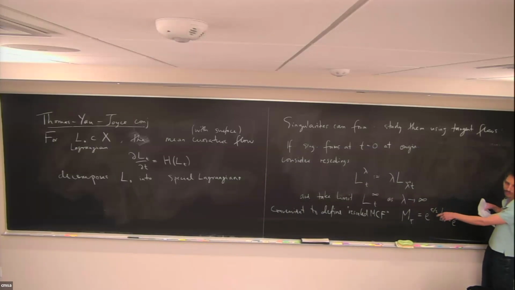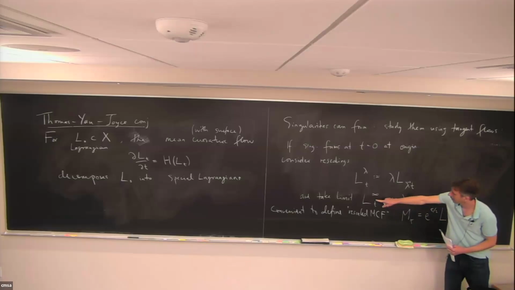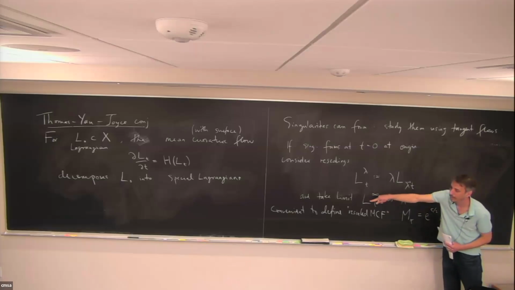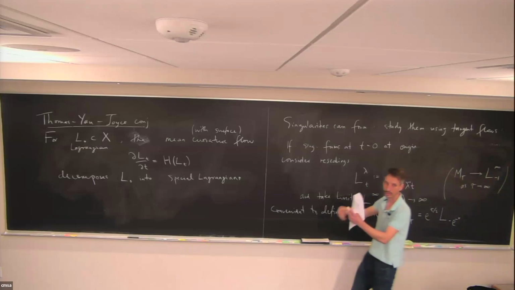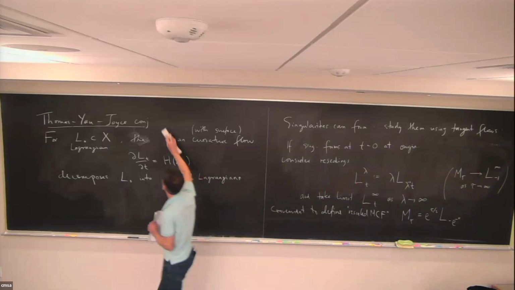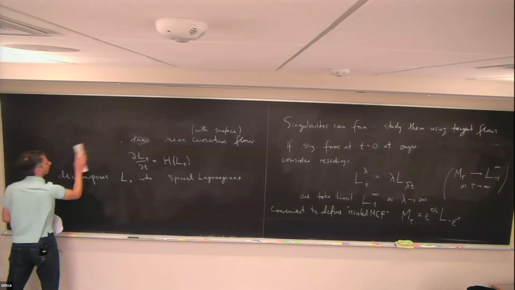Basically it just changes variables, and as tau increases, this negative number goes to 0, and at the same time you are blowing up the flow. So in the limit, this is basically the same as the time -1 slice of this flow. It's a continuous rescaling process that makes it much easier to study tangent flows.